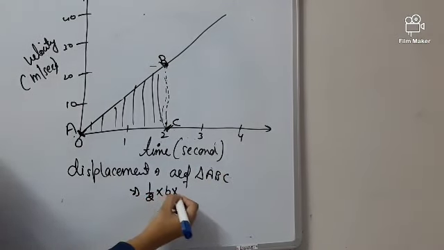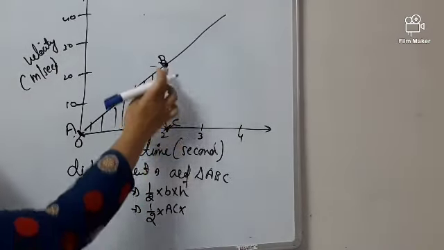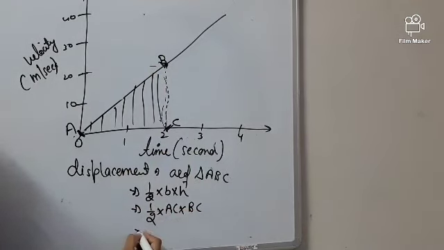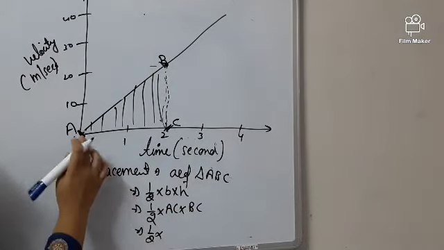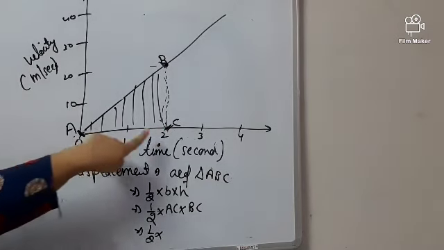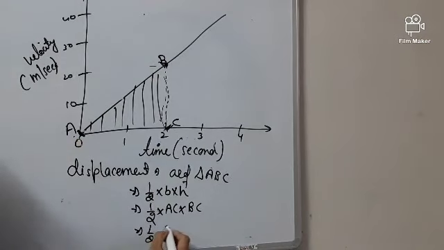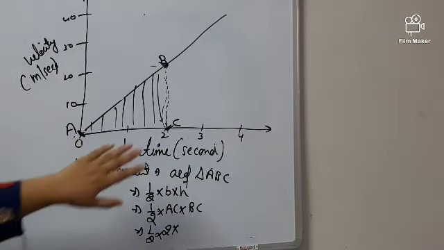What is the formula of a triangle? Half into base into height. In this case, half, base is AC and height is BC. So half into base. What is its value? It starts from 0 and ends at 2, so 2 minus 0, it will be 2 multiplied by BC.